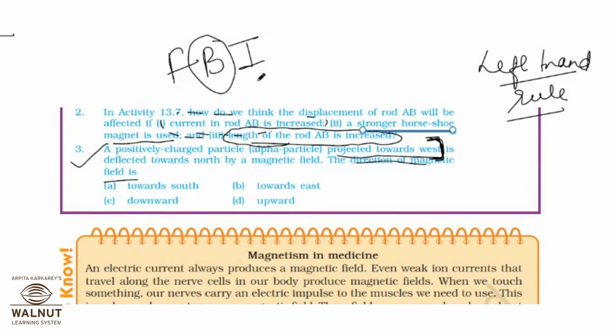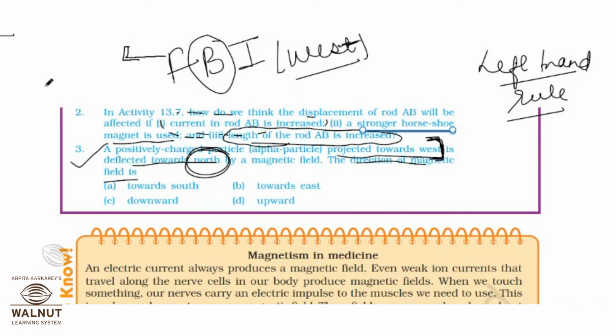A positively charged alpha particle projected towards west. It is the value of current. So current is going in the west direction. It is deflected towards north. Deflection is towards north, so north is the value given for force. Now, can you make your fingers in the required directions and tell me what will be the value of B? Use your left hand. Make all these in the given directions and tell me.